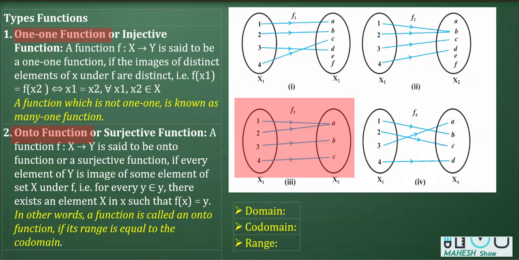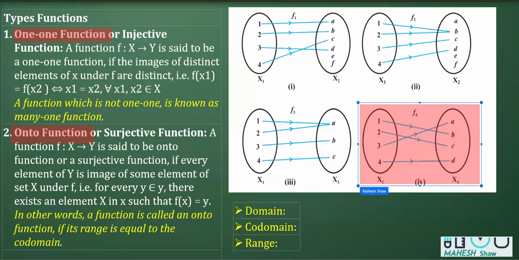For the last part, if you look into this, you can see that this is 1 to 1, right? Each element has a distinct image. No two elements in the domain have the same image in the codomain. Moreover, it's very clearly seen in the diagram that each element in the codomain is the image of some element.